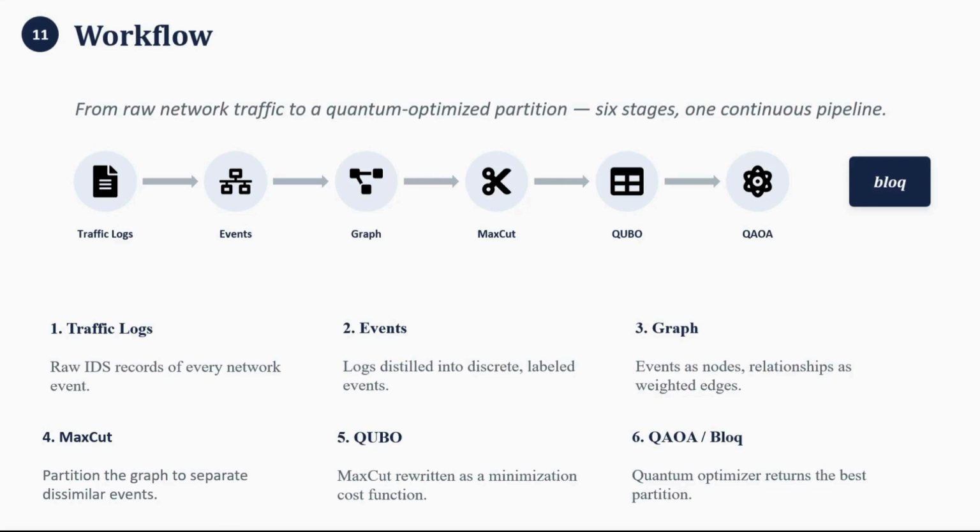Now, as we pass this QUBO cost function, the QAOA algorithm will optimize this QUBO to determine the optimal traffic partition. So, on a summarizing note, we have transformed the cybersecurity routing problem into a quantum optimization problem.